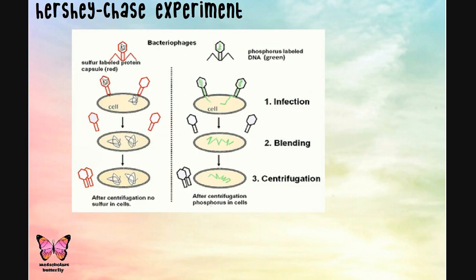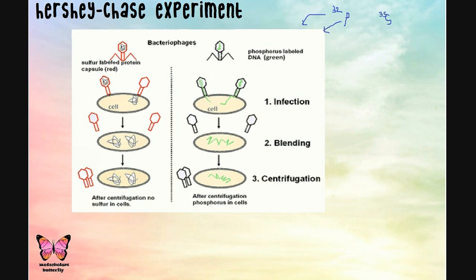Now what Hershey and Chase did, they used an isotope of phosphorus, which was P32, and an isotope of sulfur, which was S35. They labeled bacteriophages with these isotopes of phosphorus and sulfur.